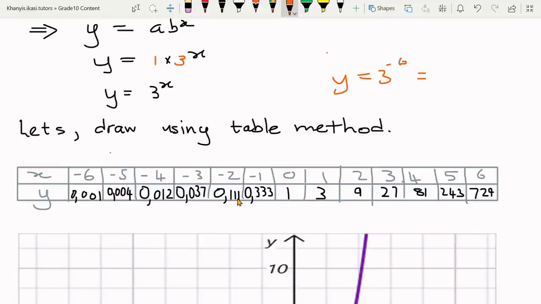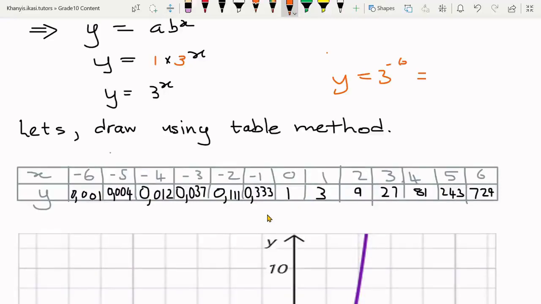So, but please notice something here. -6 gives you 0.001. -5 gives you 0.004. -4 gives you 0.012. -3 gives you 0.037. -2 gives you 0.111. -1 gives you 0.333. But then 0 gives you 1, 1 gives you 3, 2 gives you 9, 3 gives you 27, 4 gives you 81, 5 gives you 243, and 6 gives you 729, right?